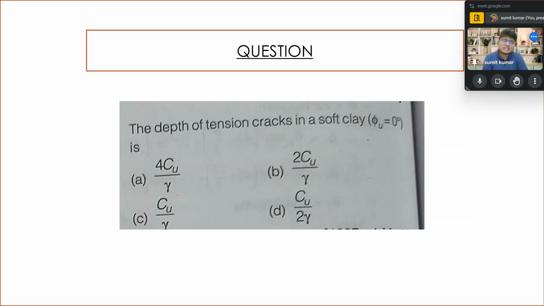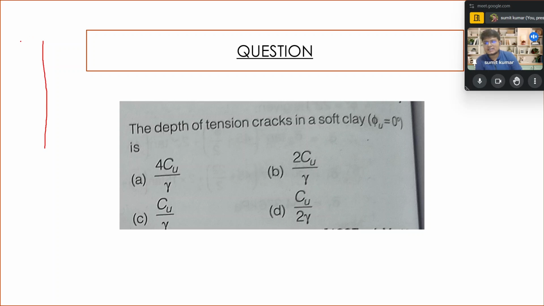We say that the depth of tension crack in soft soil is 4c by gamma, 2c by gamma, c by gamma, or cu by 2 gamma. I think you understand these things. Okay, I will draw one diagram like this.